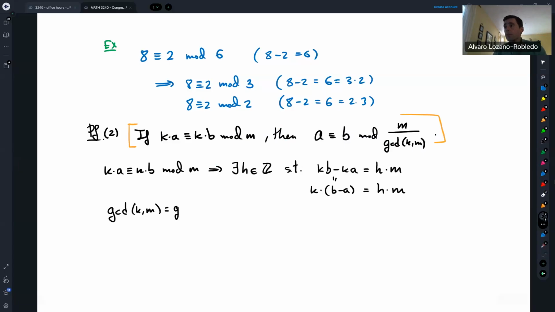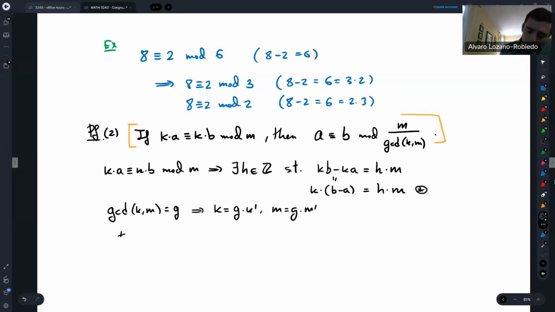Then G is a divisor of K and a divisor of M, so let's write K as G times K prime and M as G times M prime. Then this equation, let's call this a star. The star now implies that I can substitute these G's and K's in there.